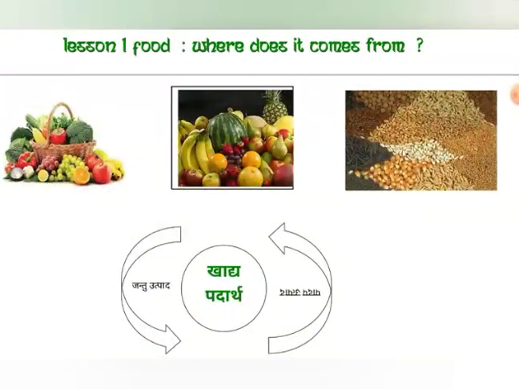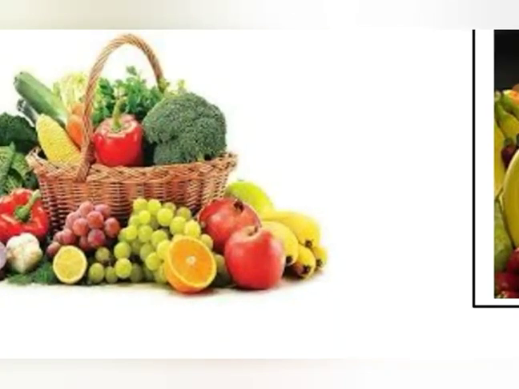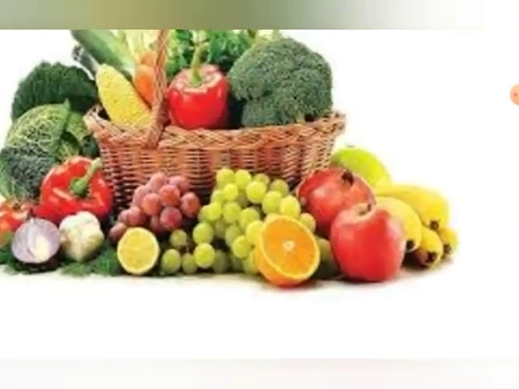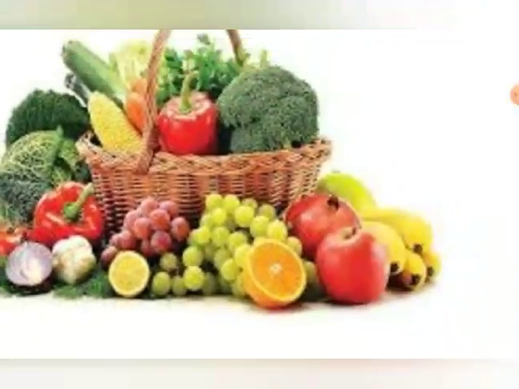Here are a few pictures you can see on the screen. These are some fruits and some vegetables. Here are some grapes, the banana, the lemon, the cauliflower, the tomato, the onion.